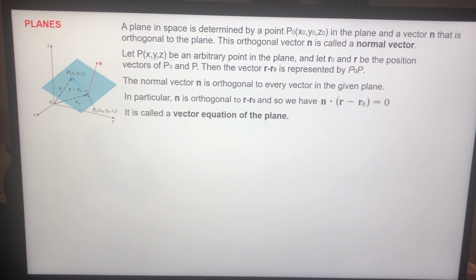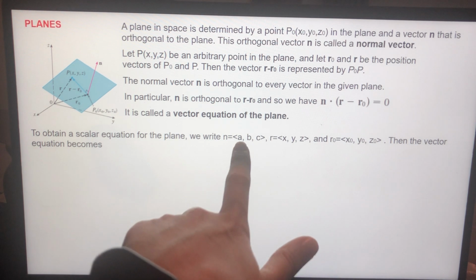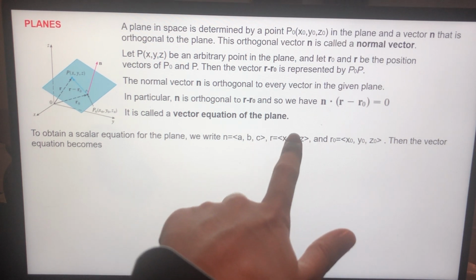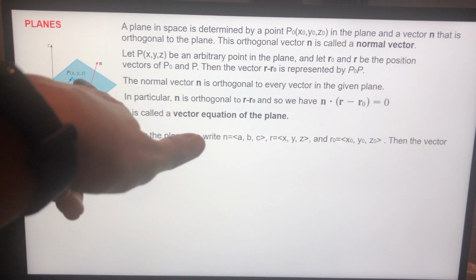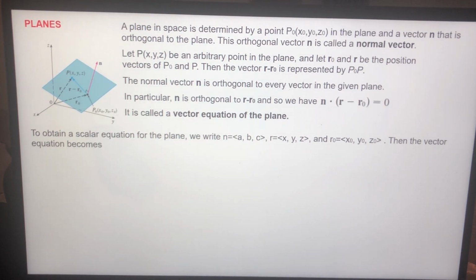It's called the vector equation of the plane, and if you write the component form, you can write the equation of a plane in an equation form that you are familiar with. So let's say n components are a, b, c. For the r vector, let's say its components are x, y, z. R0 vector is x0, y0, z0.